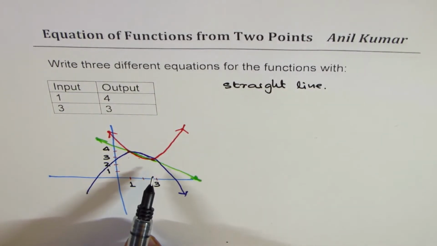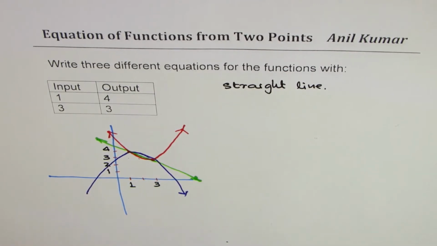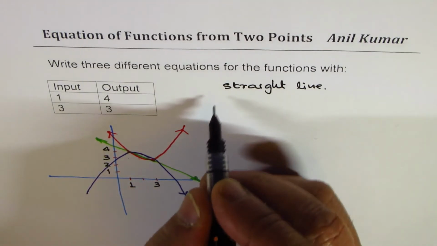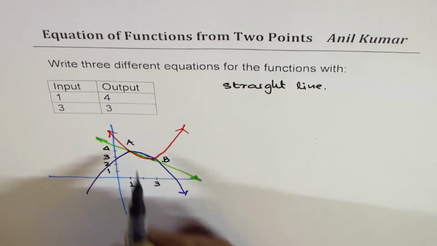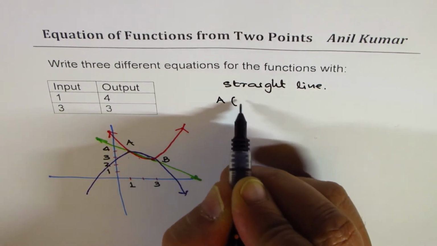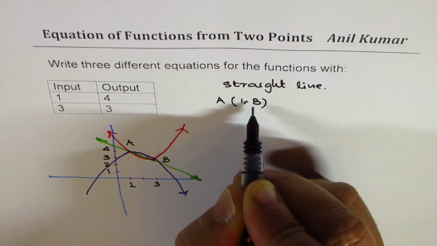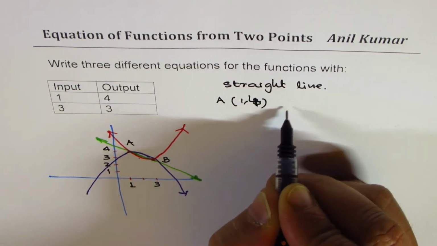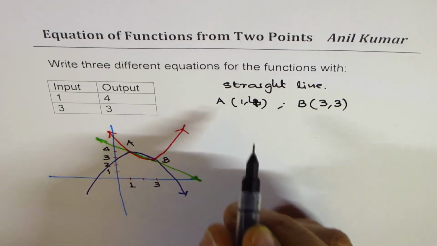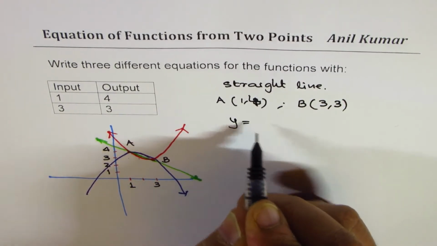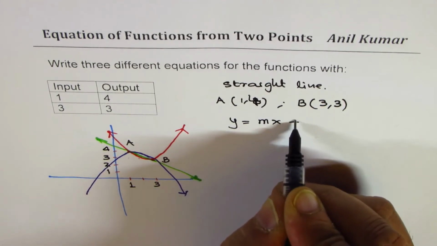How to get the equation from 2 points? That is what it is now. And we'll call these points A and B. So the coordinates for point A are given as 1 and 4. Coordinates for point B are 3 and 3. The equation could be of the form y equals mx plus b.